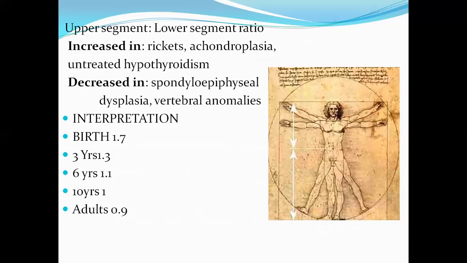At birth, it is 1.7, progressively it decreases. At 3 years, it is 1.3. At 6 years, it is 1.1, and at exactly 10 years, it is 1, meaning upper segment and lower segment are equal at the age of 10 years. In an adult, it is 0.9. So now the legs are longer than the upper segment.